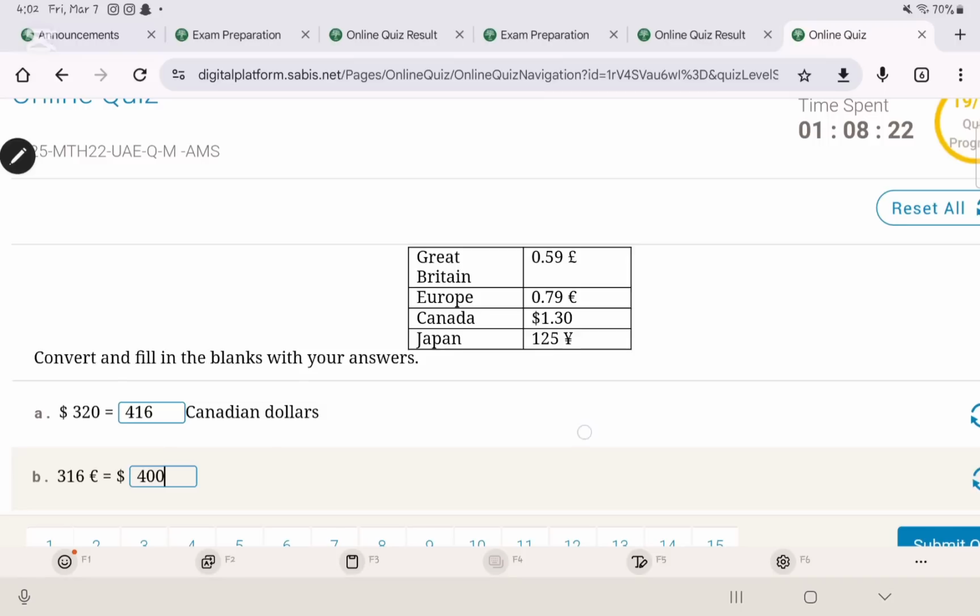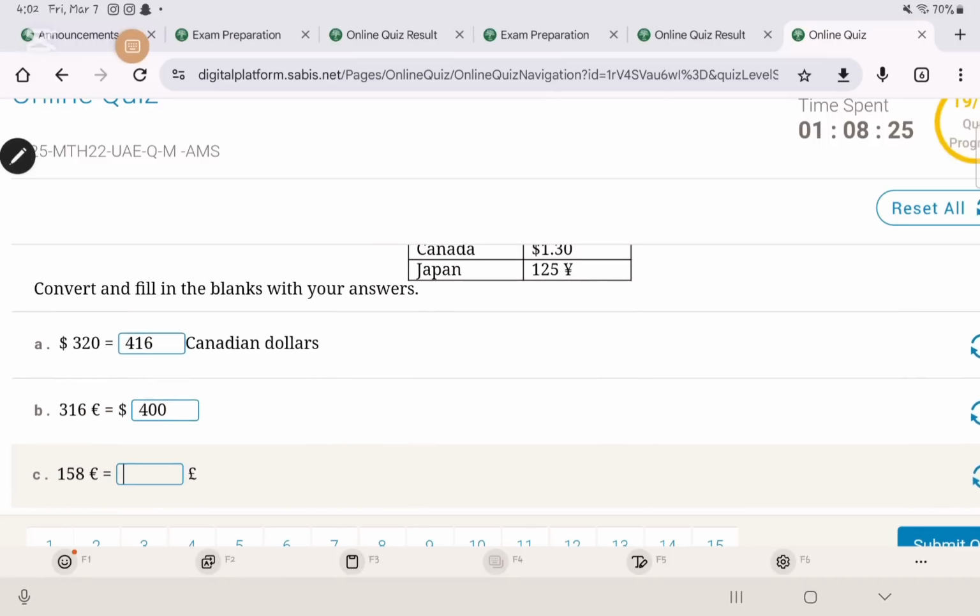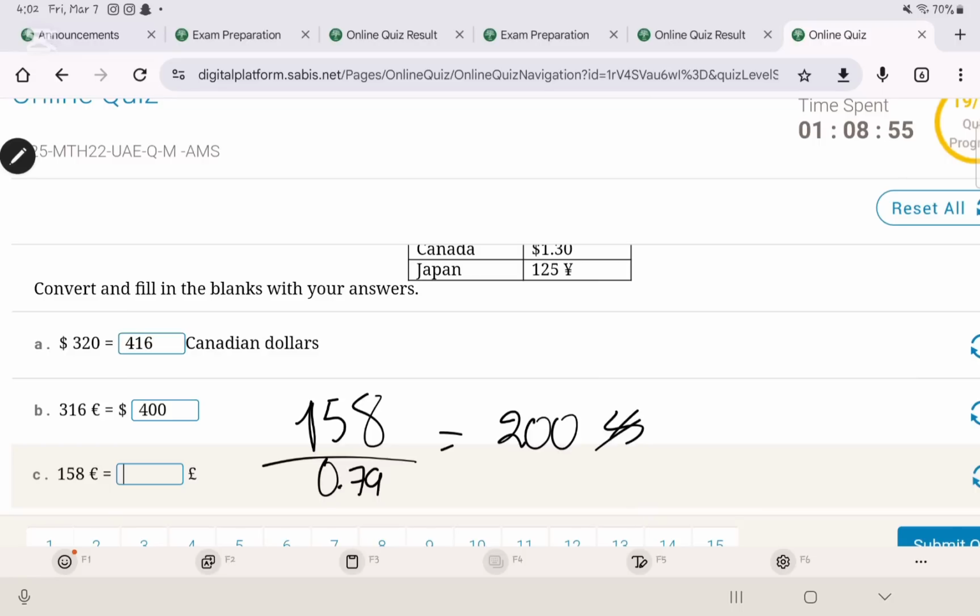Then 158 euros, we need to change it into Great British Pounds. This question is not tricky, it's just long. So first, we're going to change the euros into dollars. To change 158 euros into dollars, you divide by its value in dollars, so divided by 0.79, it is equal to $200.